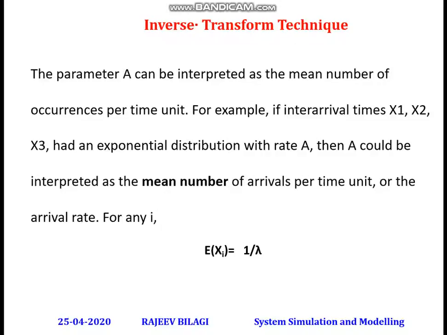Now, usually when you look at the different random number intervals or inter-arrival times, x1, x2, x3, which follow an exponential distribution, then the lambda value could be the mean arrival rate of all these values.